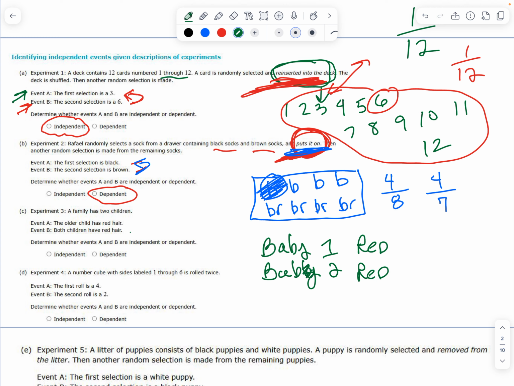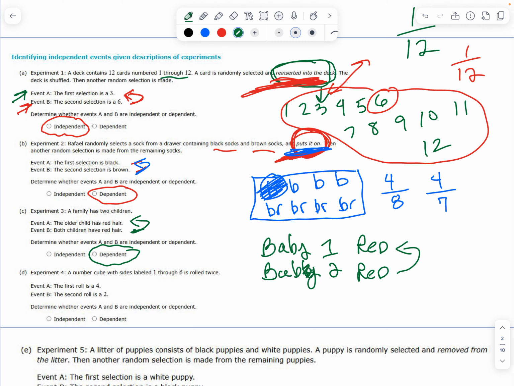Well, in order for both of them to have red hair, baby 1 had to have had red hair. If it didn't, then event B would not be possible. So event B totally depends on whether event A, the first child, has red hair.